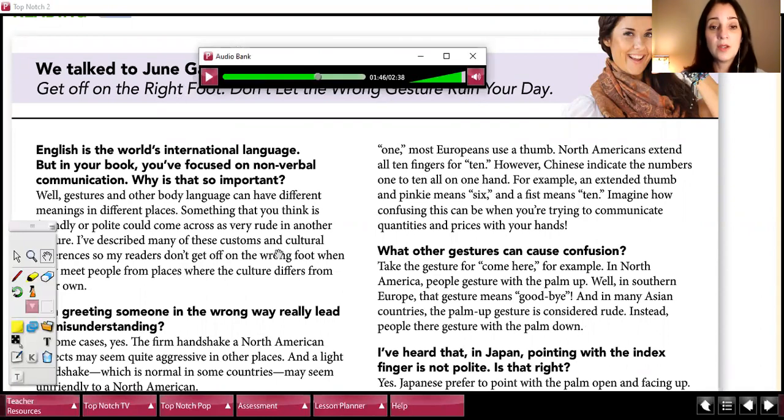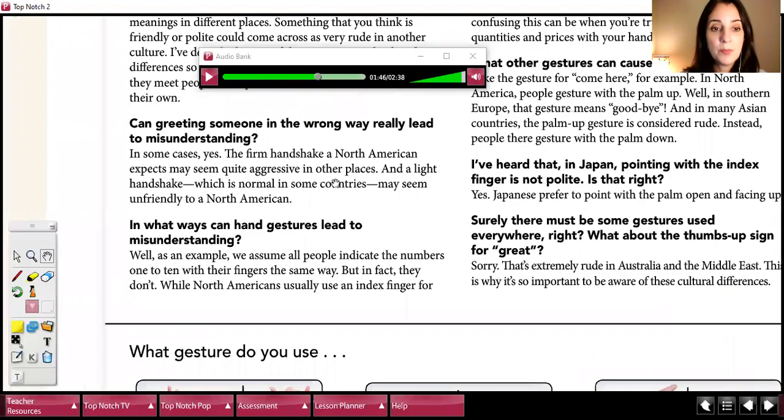Okay, let's see some words here, how to pronounce them. In what ways can hand gestures lead to misunderstanding? So, well, as an example, we assume. So, we assume all people indicate numbers 1 to 10. Então, assume não é assumir. Assume é a ideia de presumir, é diferente.